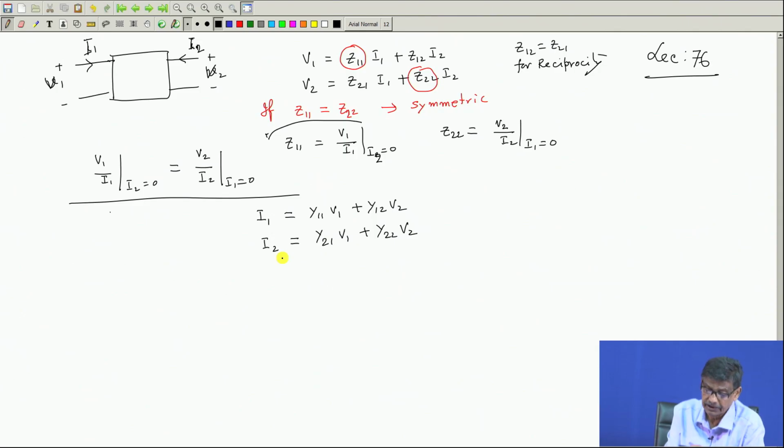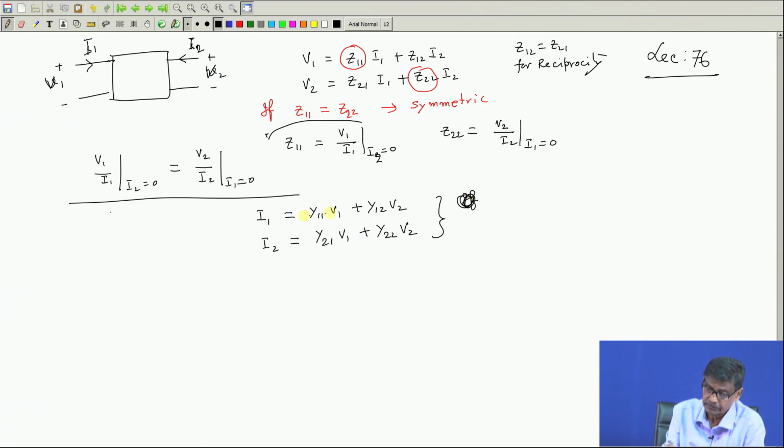Therefore, to find out V1 by I1 with I2 equal to 0, I have to calculate this under this condition.